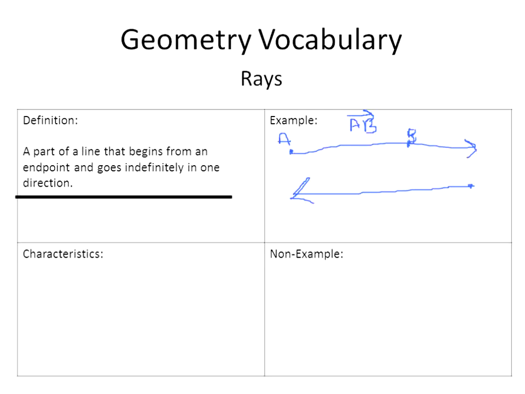One thing we need to make sure we add to our characteristics or make a note in our example is that when we name it, the starting point has to come first. Remember the line in the line segment is reverse the order, right? But for a ray, we have to start with the starting point. So A is the starting point, and B is the point it goes through. So we have to start with the A and go to the B.